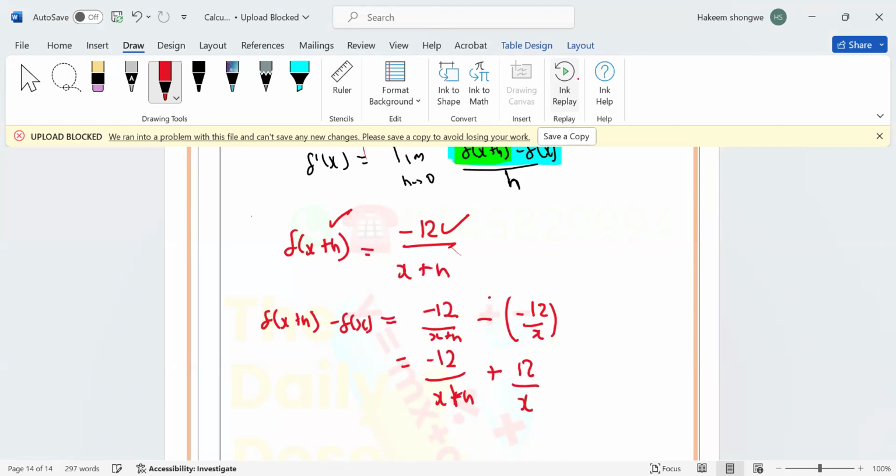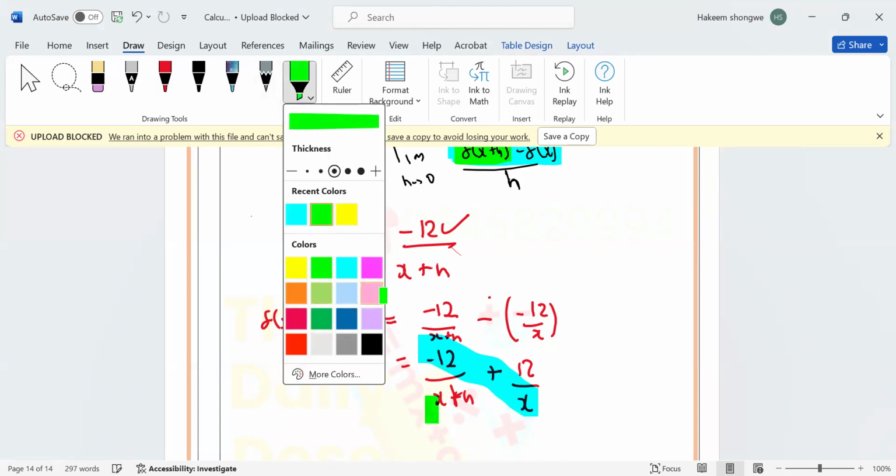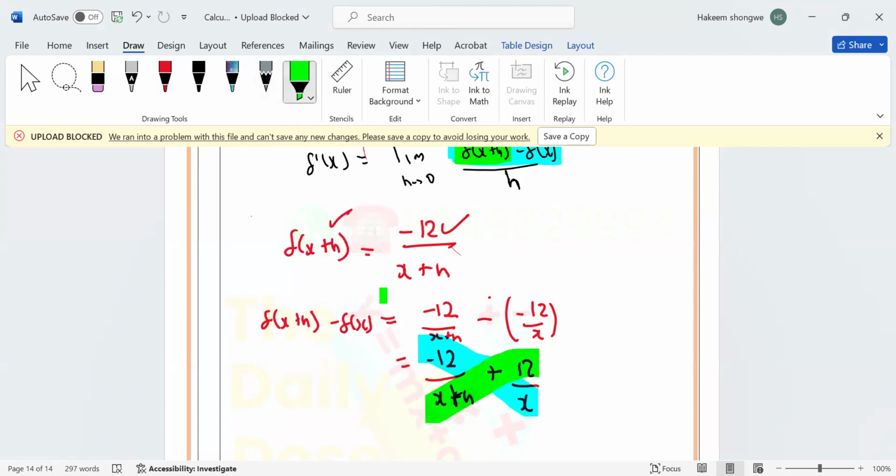Now, if we are going to be adding fractions, you will remember last year we spoke about the Boy-Tie method. We say this one goes with this one, and because there are 2 terms, this one goes with this one. And then the last thing that we're going to do is to multiply the numerator. So what are we going to have here basically?